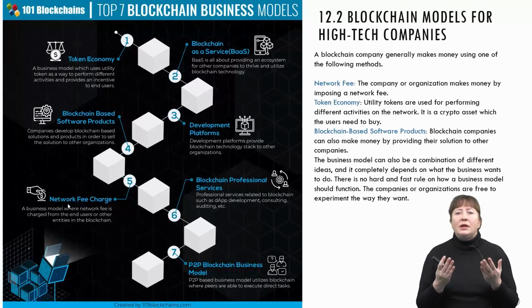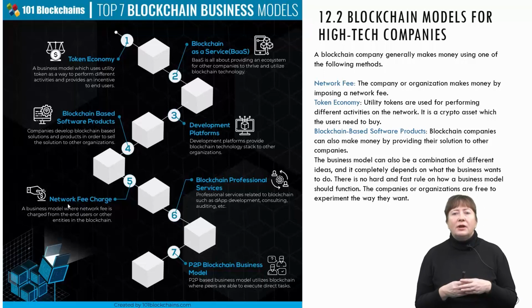In this case, you can see that among these business models, we may choose 3 main types which are the most popular among high-tech companies and already established in high-tech marketing areas. Network fee: the company or organization makes money by imposing a network fee.